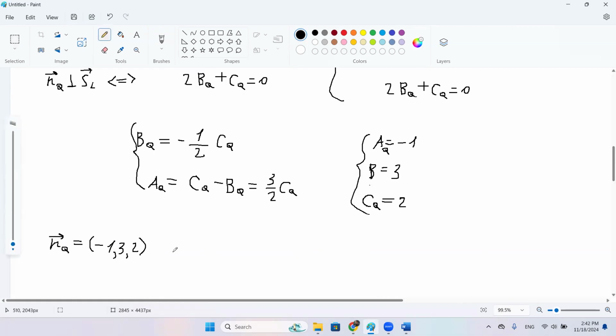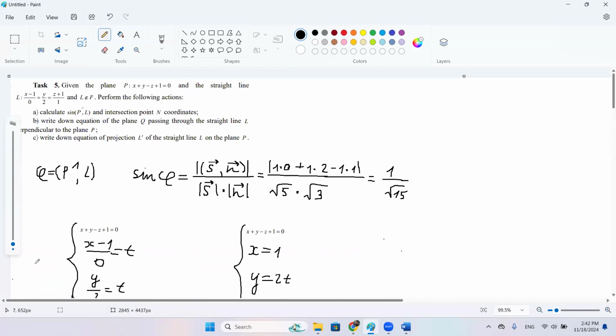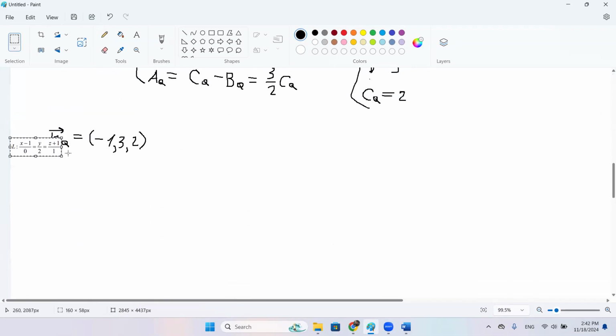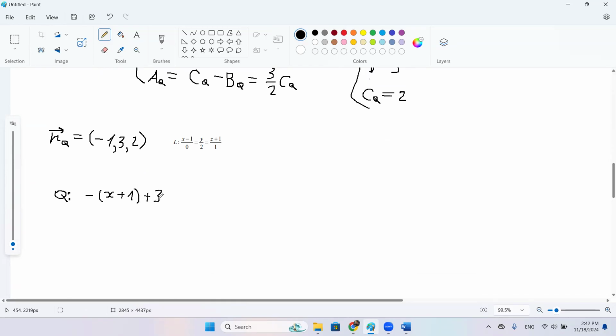So we have the coordinates of the normal of Q, and as L lies on the plane Q, we know the coordinates of the point M that lies on this plane. So minus x plus 1 plus 3y plus 2.